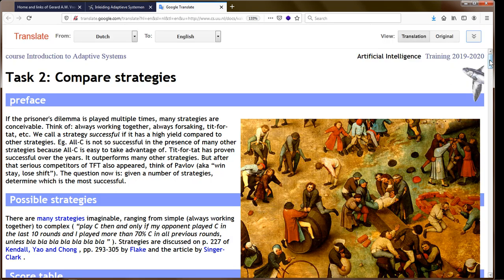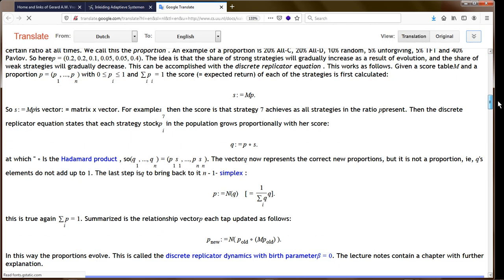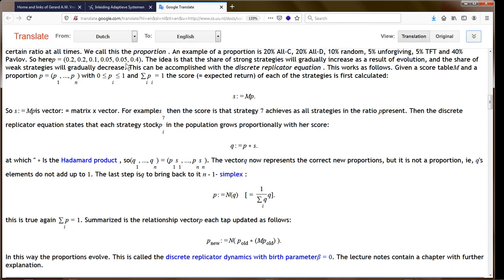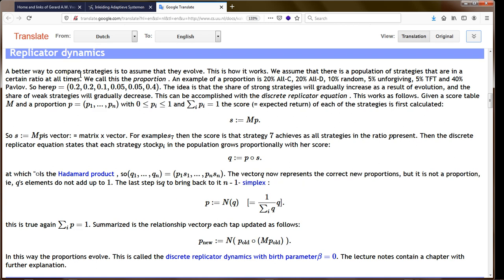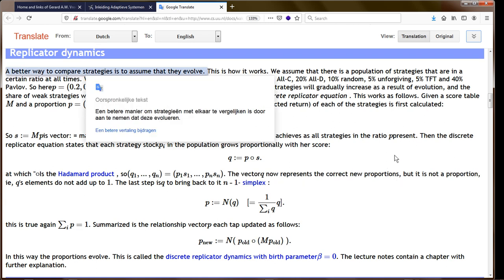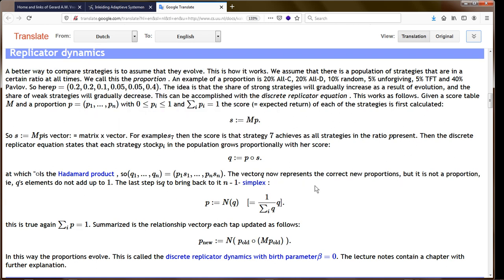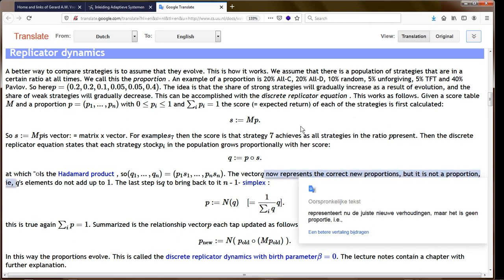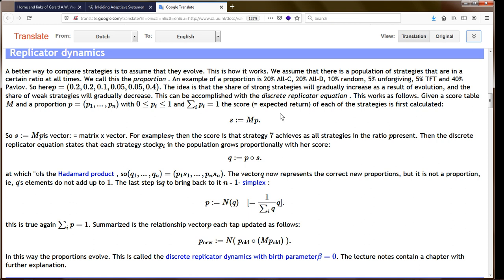So you see here also a formulation of the replicator dynamics, but it is without birth or death rate. So I won't explain notation here, but this is the same but without birth and death rate, because this version of the replicator dynamics converges faster.